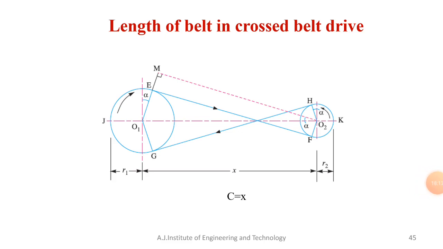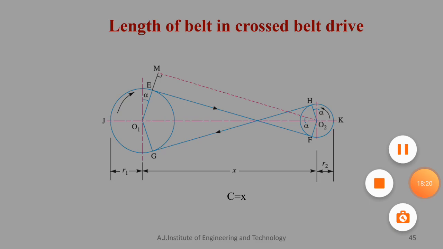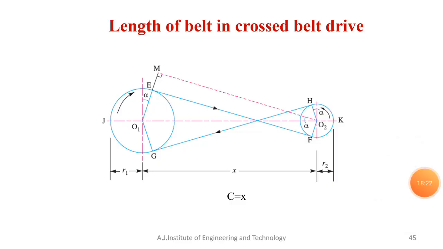Now coming to the length of belt in cross belt type, because we know already how to find out length of belt in case of open belt drive. Similar steps we have to follow. The construction is almost same with the small modification, because here belts are crossing each other, but you can see here the dotted line is the construction. You have to draw O2M, that is perpendicular to again O1E.